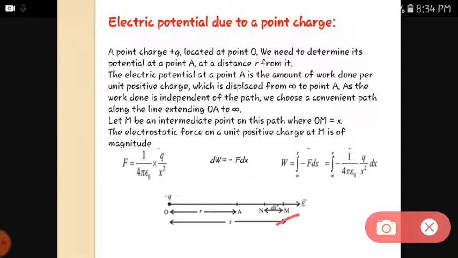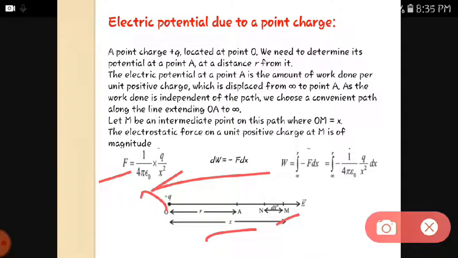If M is the intermediate point at a distance x, what will be the electrostatic force at point M? Electrostatic force is given by Coulomb's law, so F is equal to 1 by 4 pi epsilon 0 into Q upon x square, because the charge is Q and the distance is x.